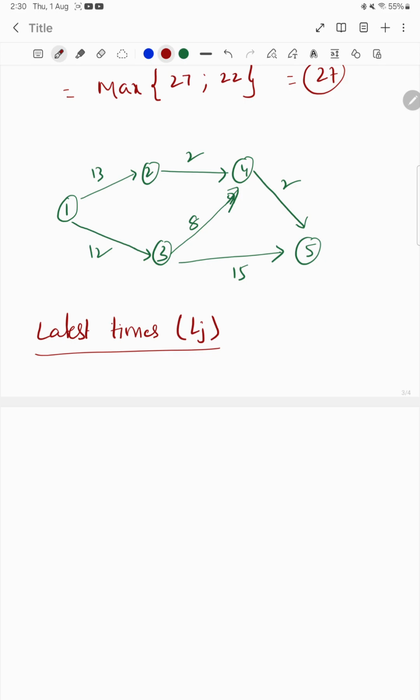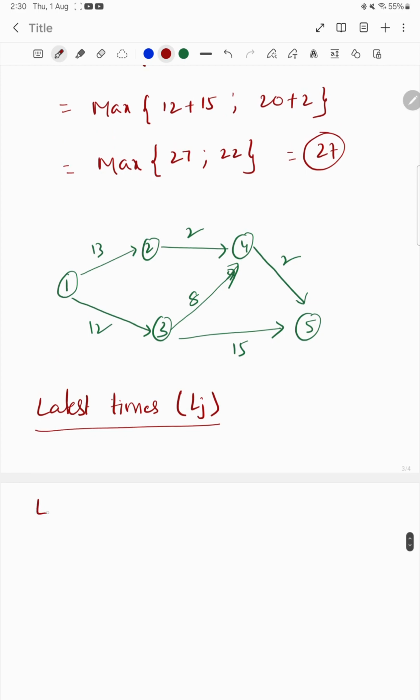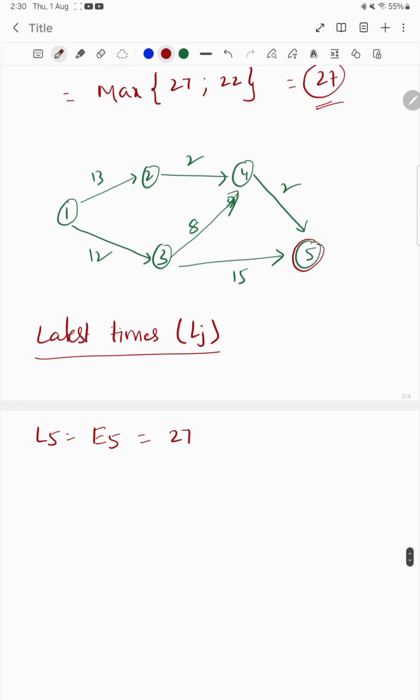Now in the latest times we start with 5 and end at 1. L5 is not 0. L5 is the last activity of the project, therefore L5 is equivalent to E5, which is 27.